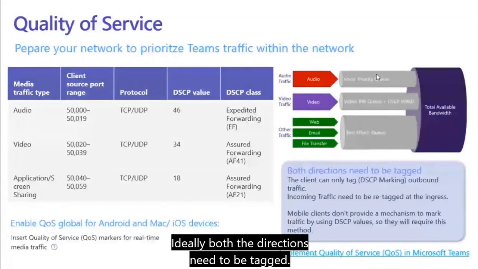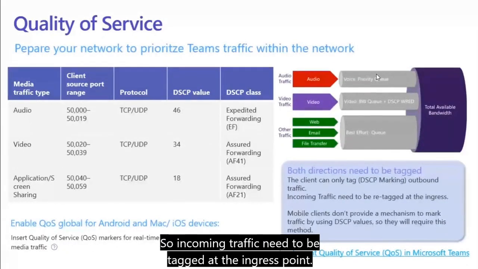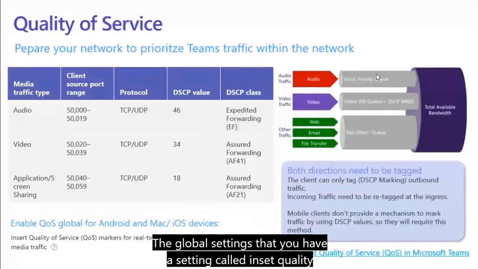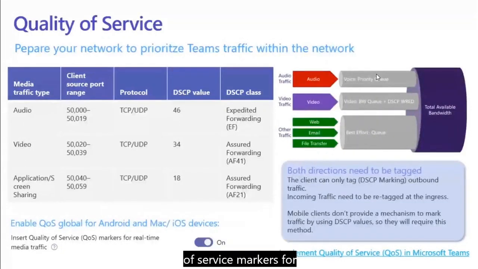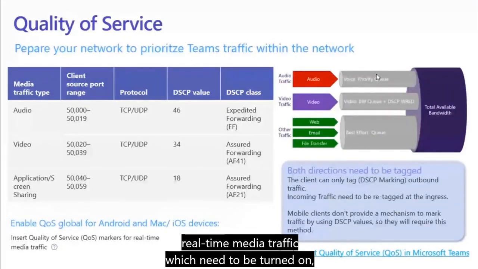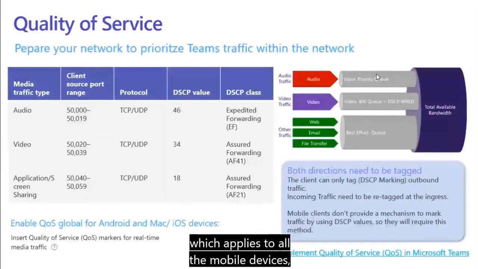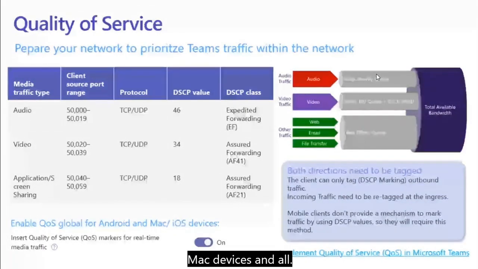Ideally, both directions need to be tagged. The Teams client can tag only outbound traffic, so incoming traffic needs to be tagged at the ingress point. In the global settings, you have a setting called insert quality of service markers for real-time media traffic, which needs to be turned on, which applies to all the mobile devices, Mac devices and all.